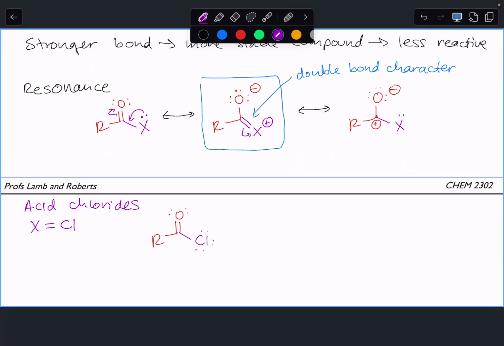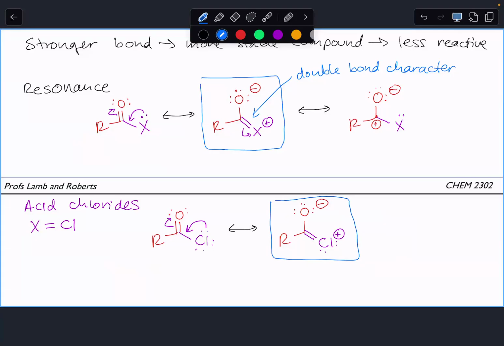We can push one of those lone pairs in, like so, to draw our resonance structure, where we have that CX or CCl double bond. All right, so again, this is the one that we care about.